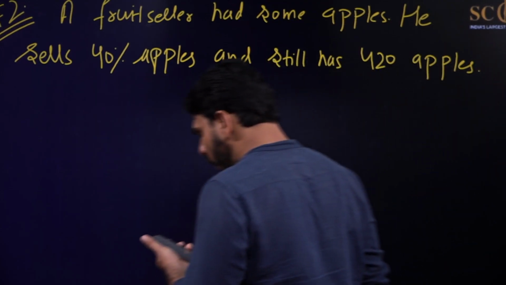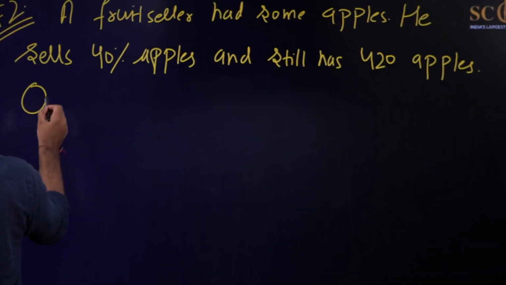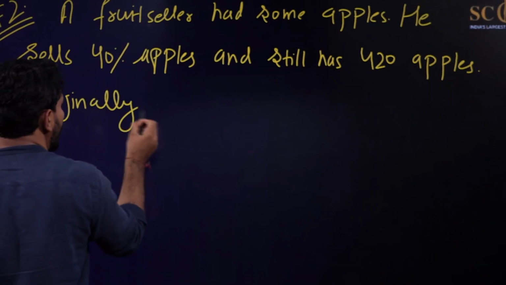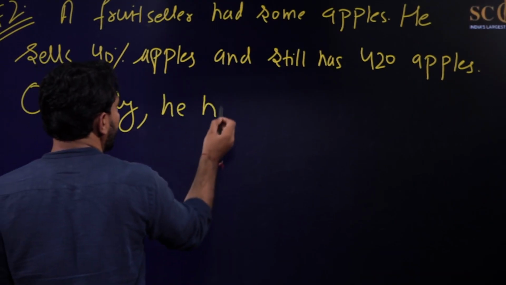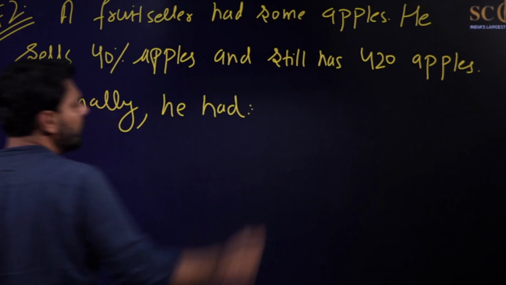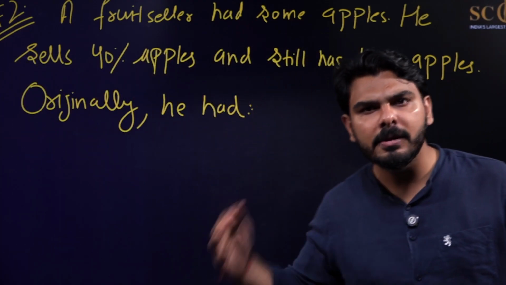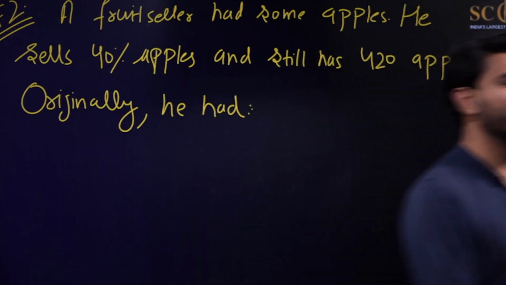Okay. So now originally he had how many apples? This is the question. So this is the question now, my dear agents. You will be given 30 seconds to solve this question. Your timer starts now.